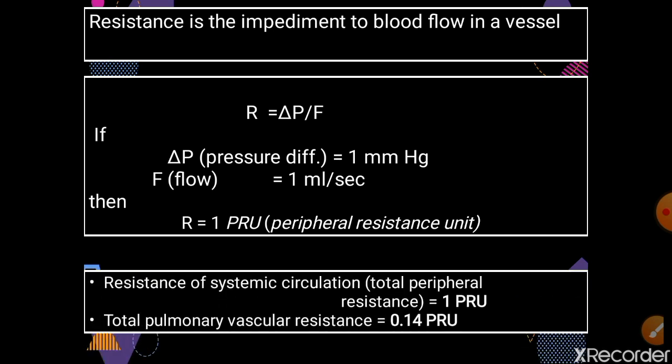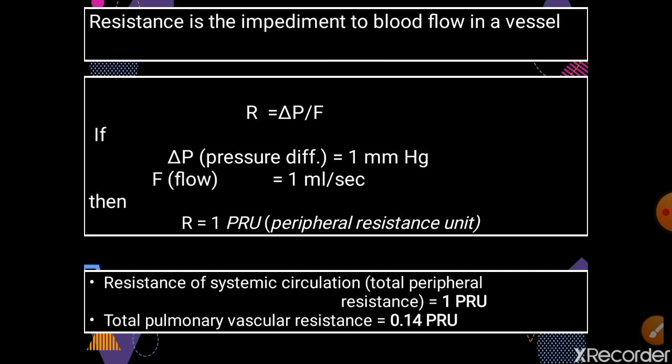As calculated by the above formula, the resistance of the systemic circulation, also known as the total peripheral resistance, is calculated to be 1 peripheral resistance unit. The resistance in the pulmonary vessels is calculated to be 0.14 PRU.